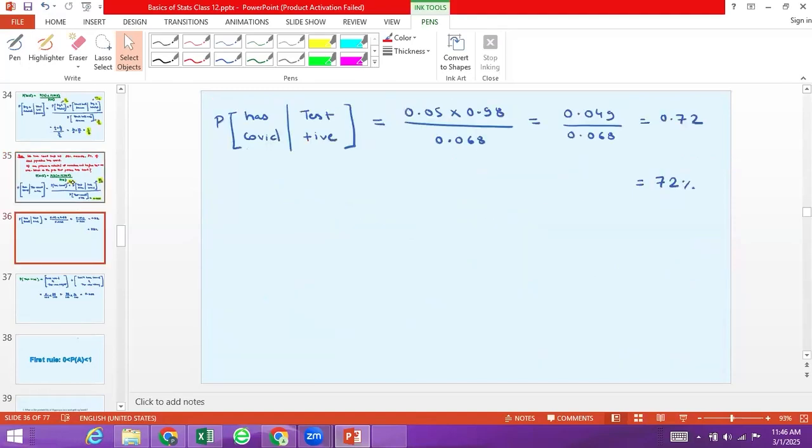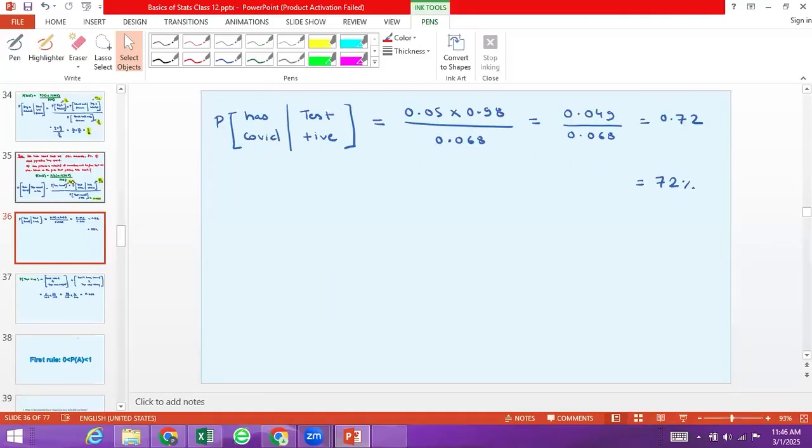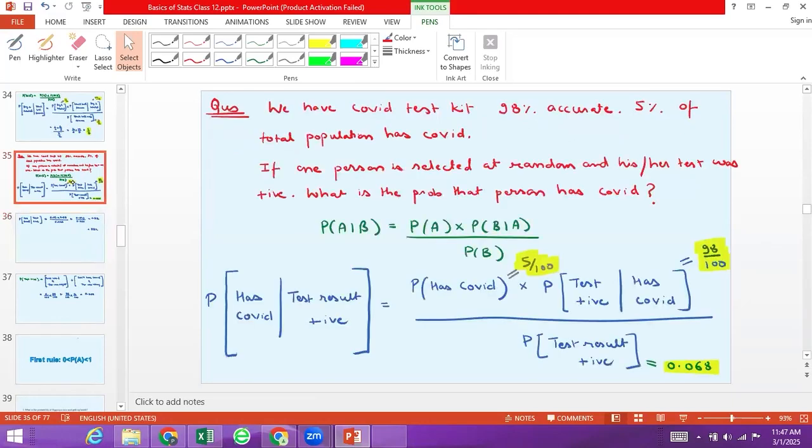Bayes theorem says that even if you have a very high testing accuracy, even then only approximately 70% of the people who test positive will actually have COVID. The remaining 30% will not have COVID, even though the test result was positive. So no one is lying. The public is not lying when they say their test result was positive and they don't think they have COVID. At the same time, the government was also not lying when it says the accuracy of the testing kit is 98%.